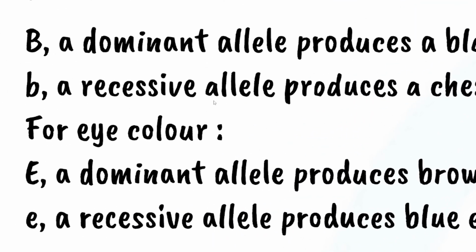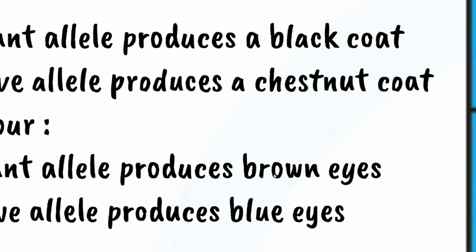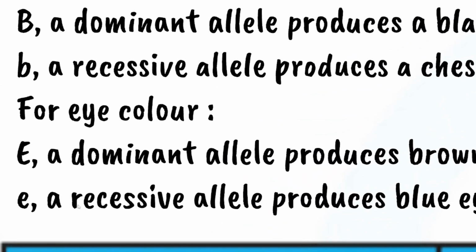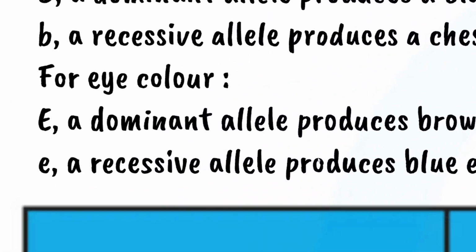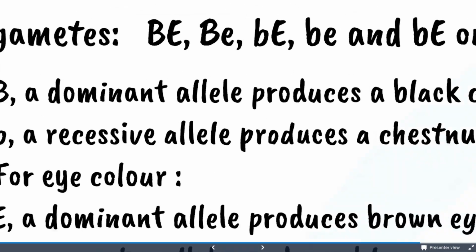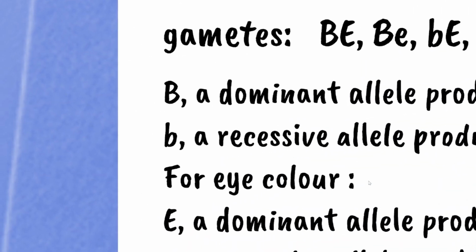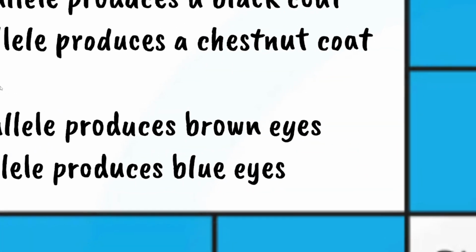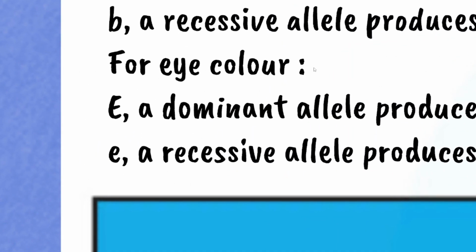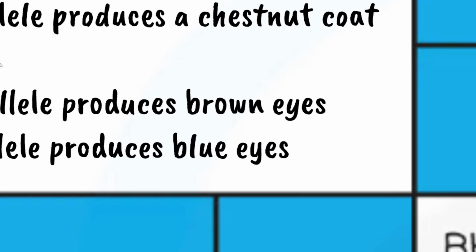For eye color, the capital E is a dominant allele, so it produces brown. The small e produces blue eyes. Remember, capital B is for black coat, small b is for chestnut coat, capital E is dominant, brown eyes, small e is recessive, blue eyes.